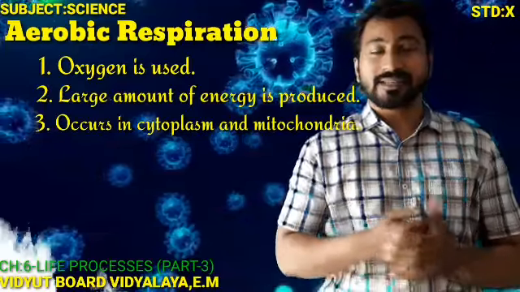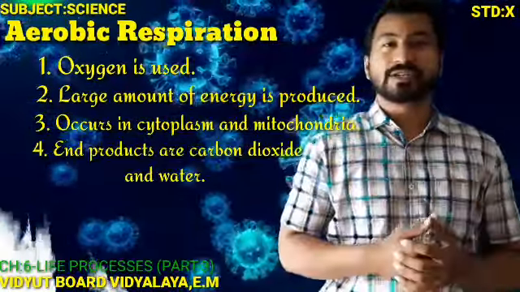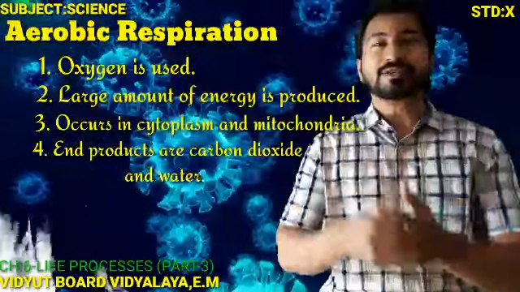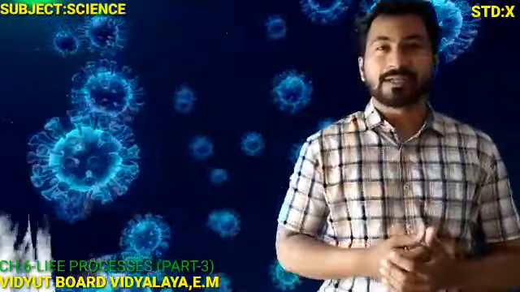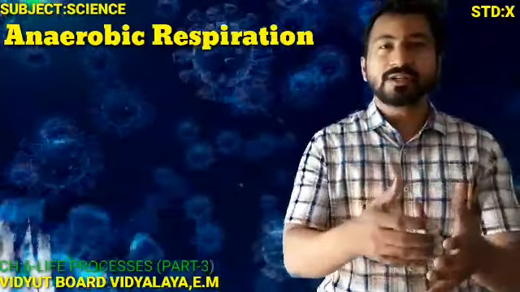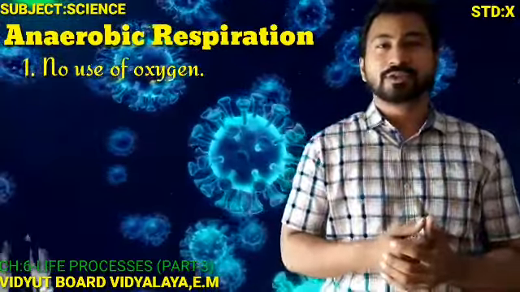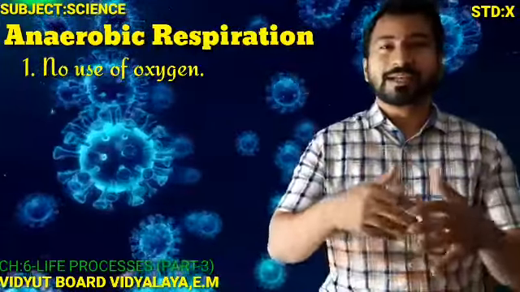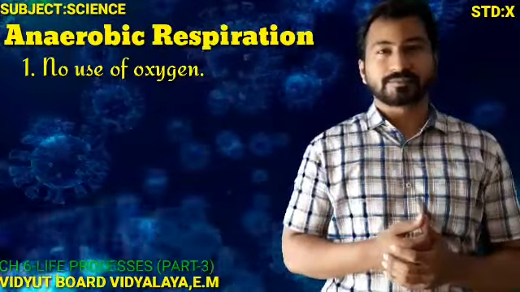Furthermore, the end products of this aerobic respiration are carbon dioxide and water with the release of a large amount of energy. The second part is anaerobic respiration. Here oxygen is not used. So the organisms doing this respiration are not using any sort of oxygen for the purpose of respiration.